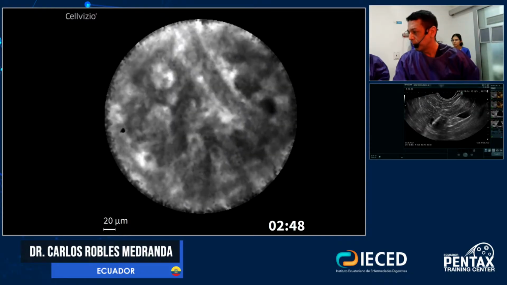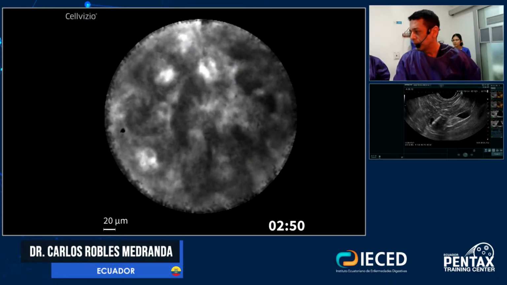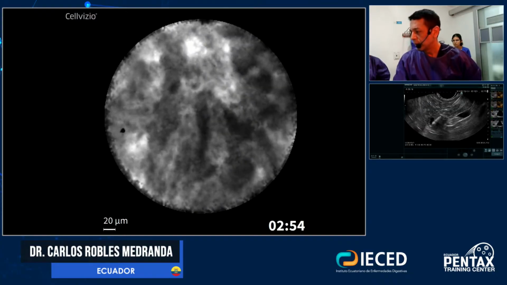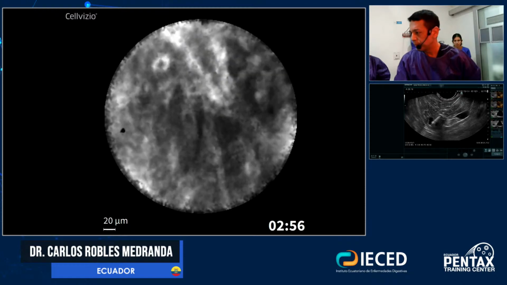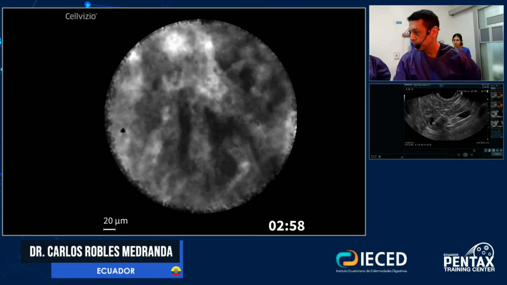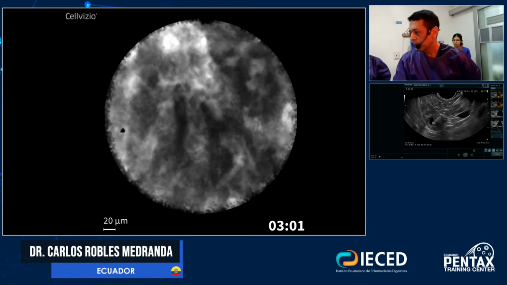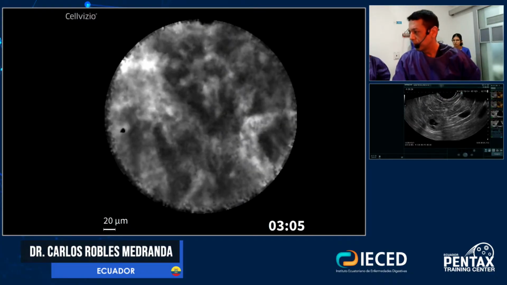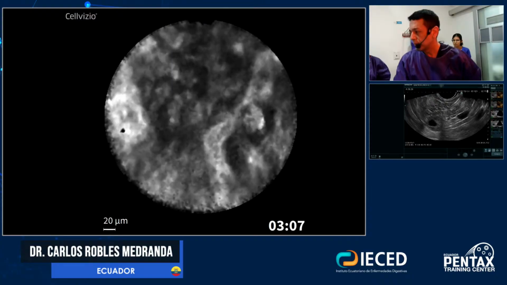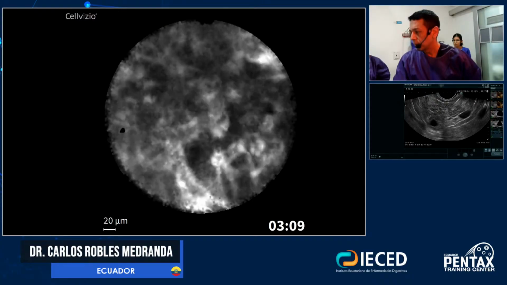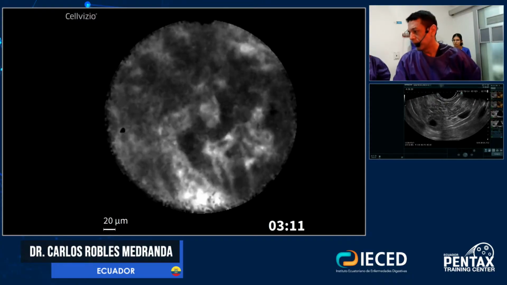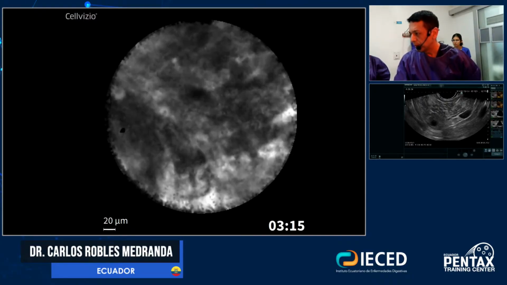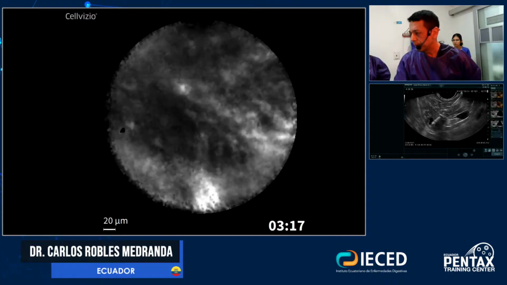So you see it's very important where is the needle and the confocal, in which area, you see? Very nice. I think there are some dysplasia areas here, so that's why.